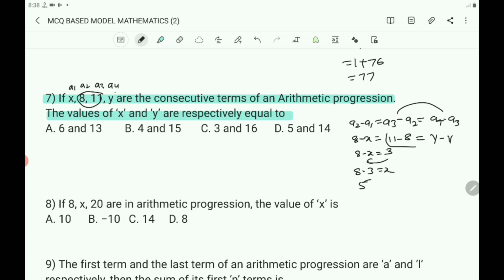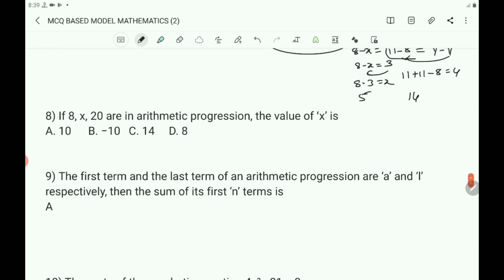Then transfer this 11, that becomes 11 plus 11 minus 8 equals y. That is 11 plus 11 is 22. 22 minus 8 is 14. So you got the answer 5 and 14. That is the option D. Option D is the answer.